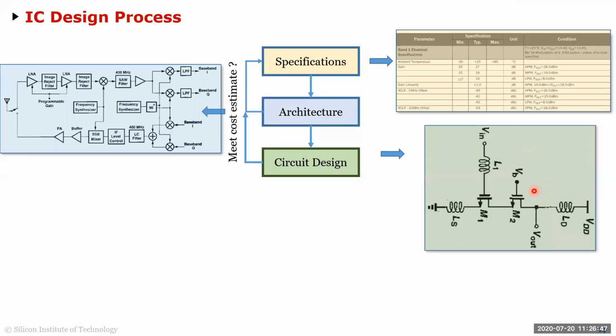You choose a technology, and for that technology, everything is fixed. The transistors are fixed, the resistors are fixed, the capacitors are fixed. If there are inductors, they are fixed. So you have a very small set of components to work with to design this system. That's why it's very critical to come up with the right technology.